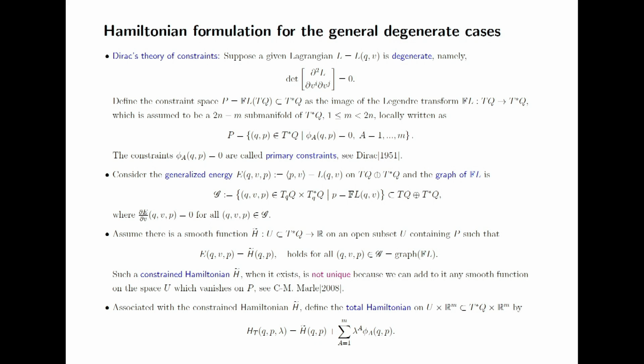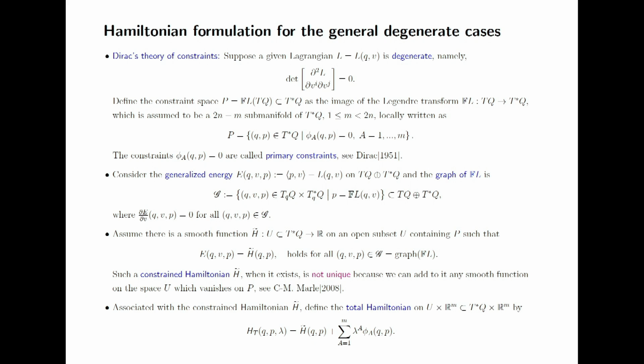We define a primary constraint set from a given Lagrangian and its Legendre transform, and we establish some constraint Hamiltonian H tilde. I don't like to mention the detail, but you can see from the equations.